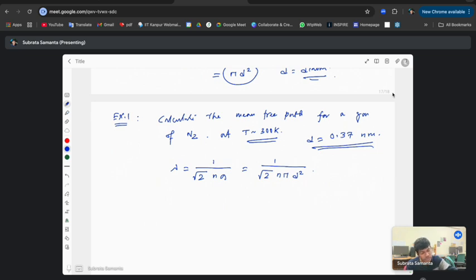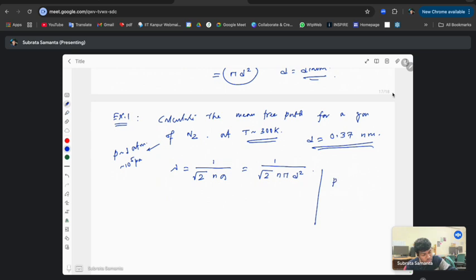Since the temperature T is 300 Kelvin, I also use the standard pressure, P is 1 atm, which is basically 10 to the power 5 Pascal. Then we can calculate n.